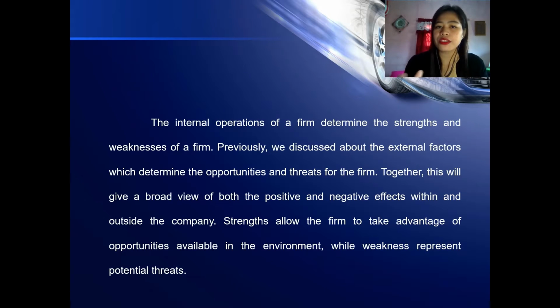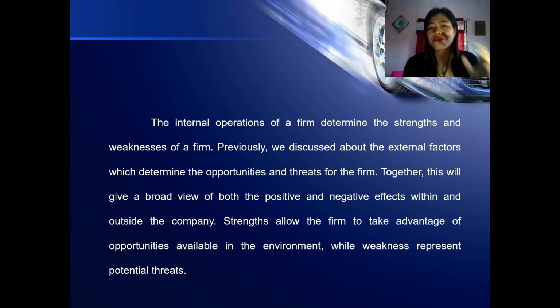Both the internal and external evaluation are important. They're both equally important in strategic planning. Together, they will give a broad view of both the positive and negative effects within and outside the firm that we are assessing.